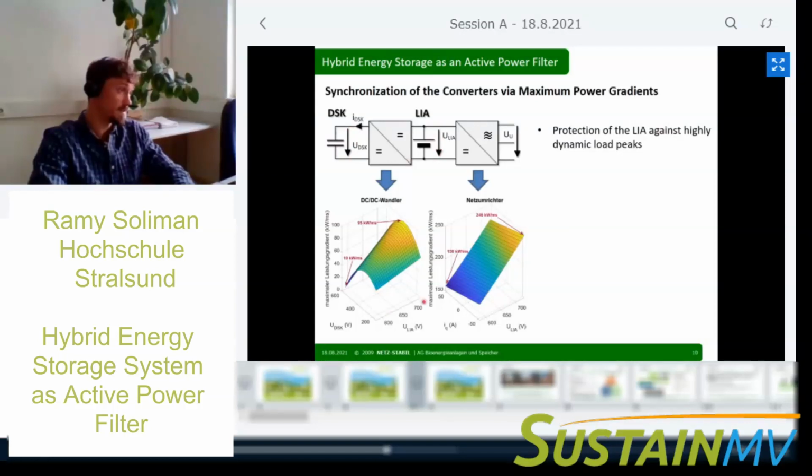And we have the grid converter, which could have power gradients from around 160 kilowatts per millisecond to 250 kilowatts per millisecond. This is just one direction. Of course, we have the negative direction flow, and then it looks a little bit different. But you get the point. They are different in reaction times.